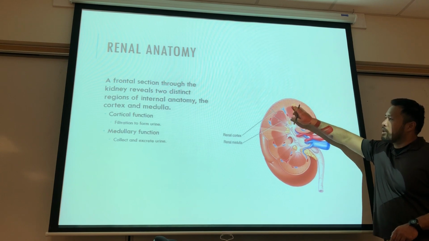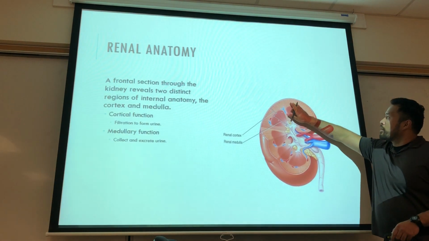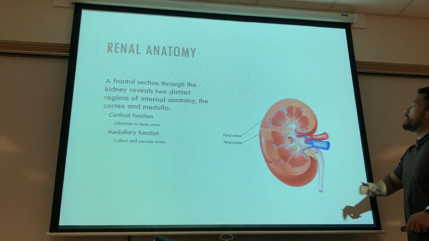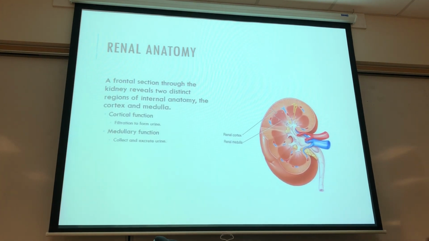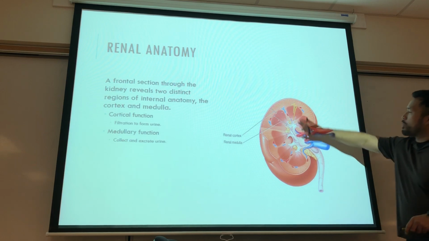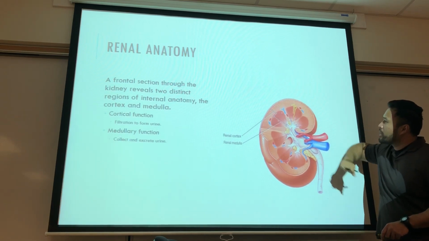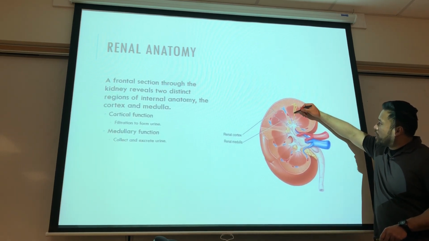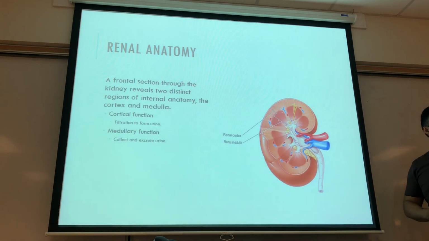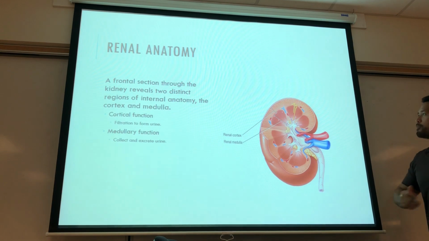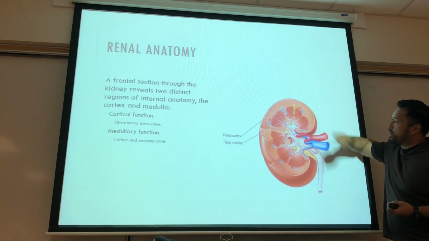We're going to be looking at how we create this dilute urine through the blood vessels surrounding as well as the nephron. You'll understand the system behind that. We'll cover that today. And then when we look at the medullary function, when we move down into the medulla, you'll see how we're going to be able to take that dilute urine and make it much more concentrated. And we do that because we're reabsorbing some of the stuff as it makes its way down.